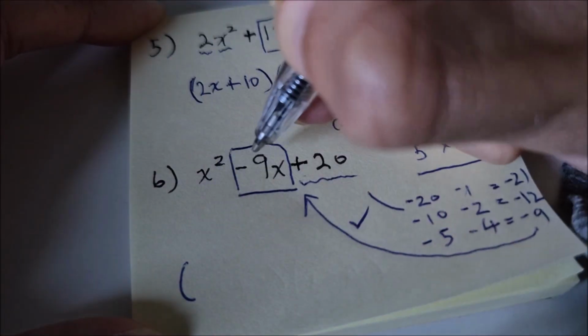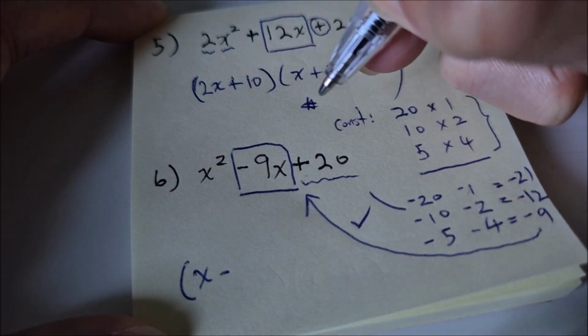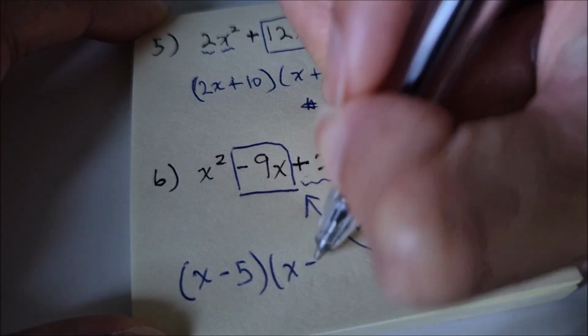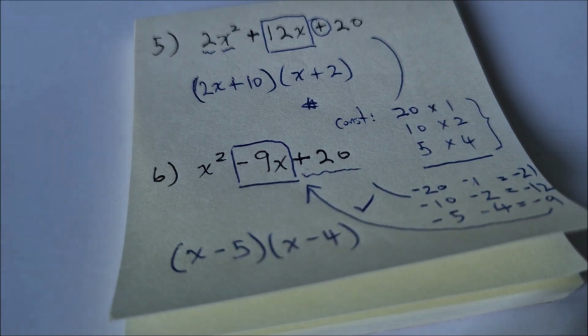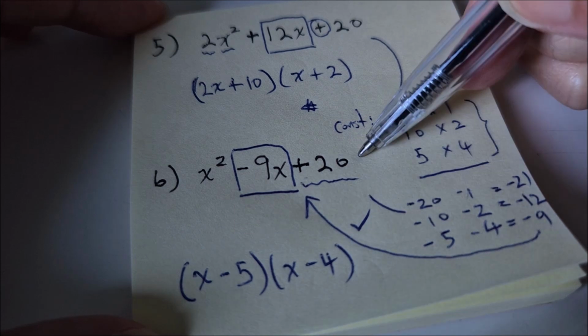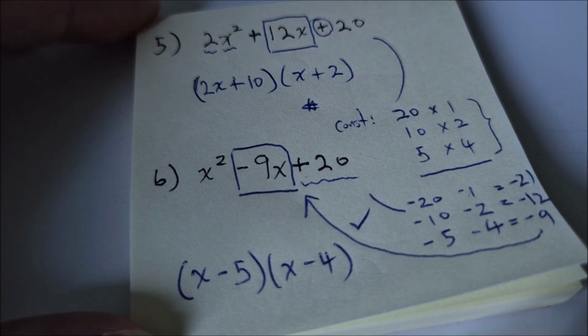So now we know that the factored form will be x minus 5 and x minus 4. And again, we can always double check with the expanded form, and it will be correct.